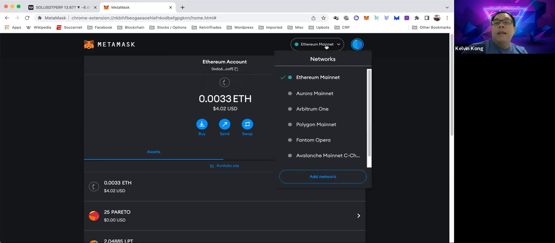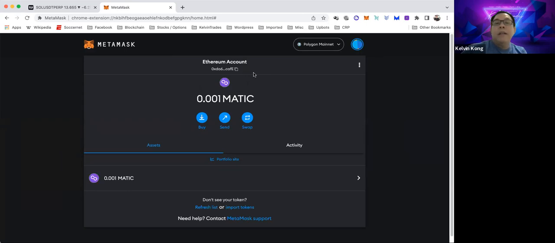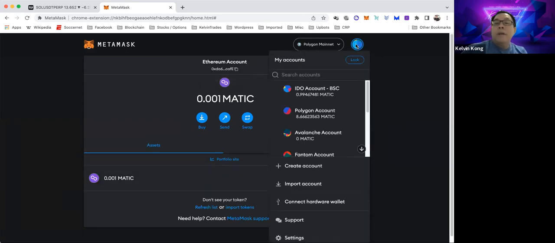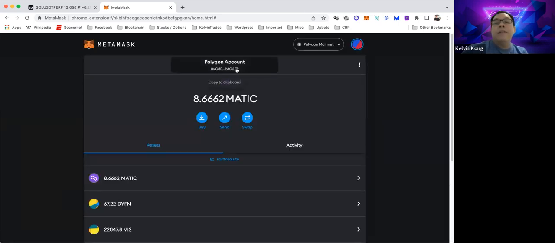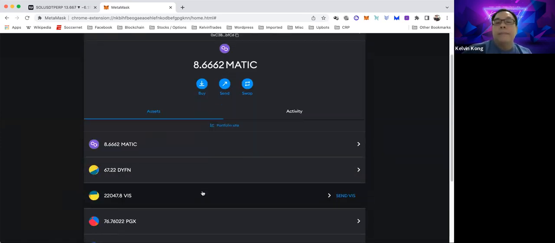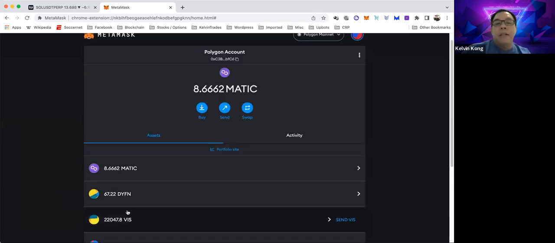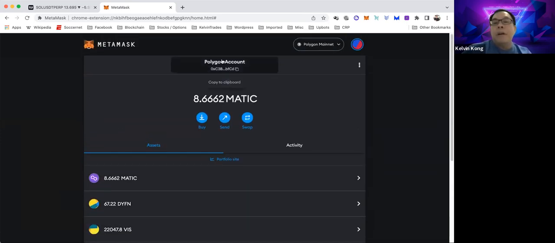Then if I go to the Polygon blockchain, you can see there's nothing here, because I have created a separate wallet address for my Polygon blockchain. So these are the coins that are stored in my Polygon blockchain.